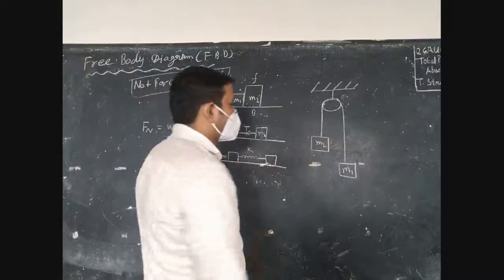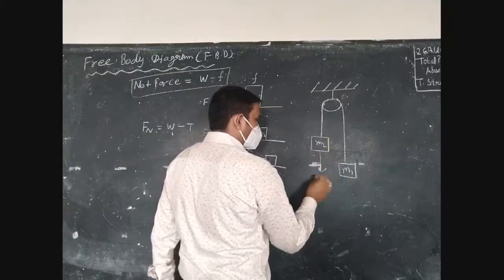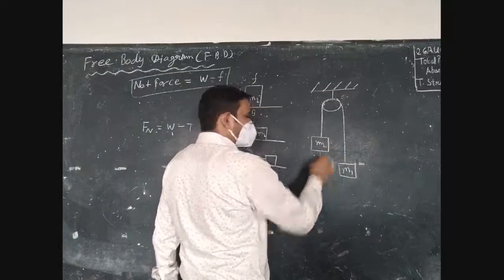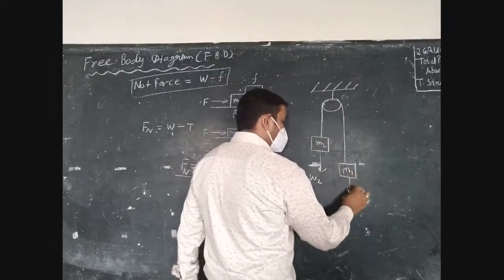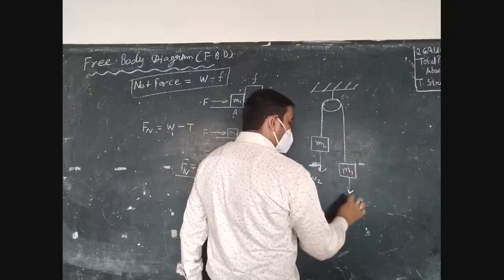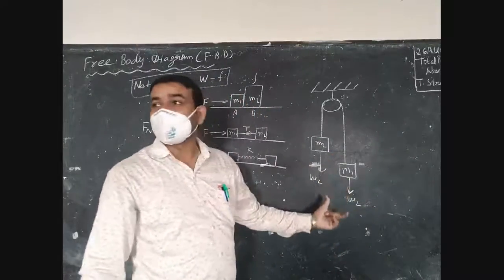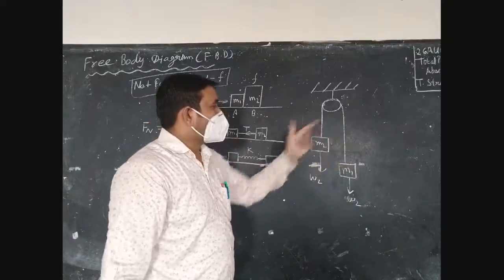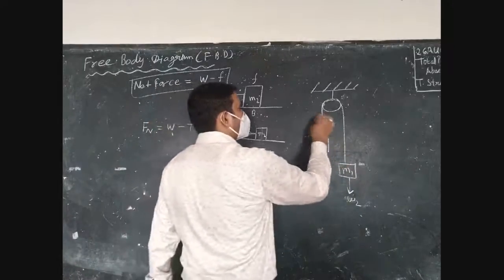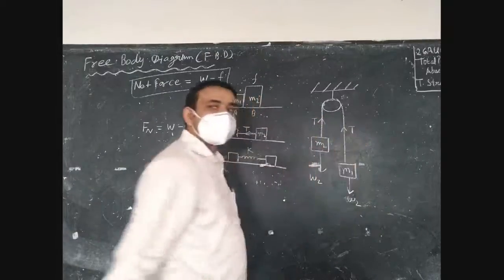When we discuss this, the weight of object 2, W2, is always working downward, and W1 is again downward. But because the two blocks are hanged at the opposite ends of the string, the string experiences tension due to this and also due to this.